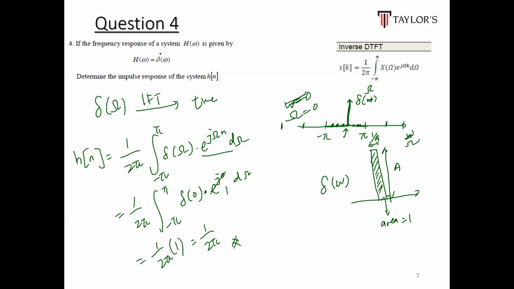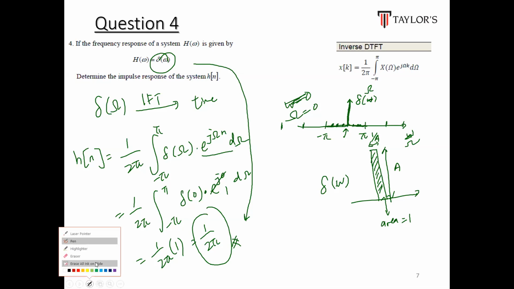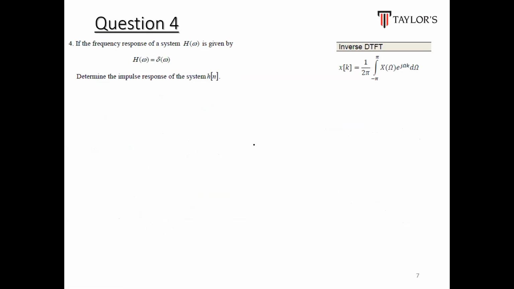Right? So when you have an impulse signal in frequency domain, your time domain will be just 1 over 2π. This thing you can use the duality theorem to solve also. Remember our duality theorem that you did last week?